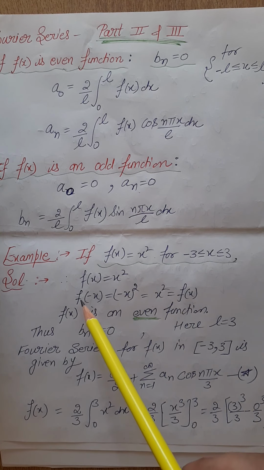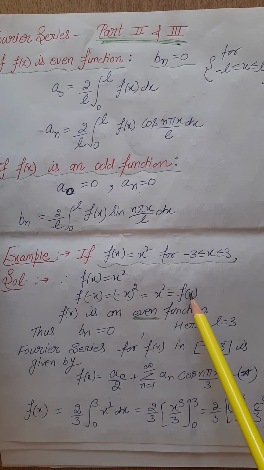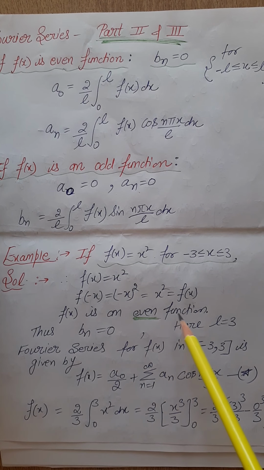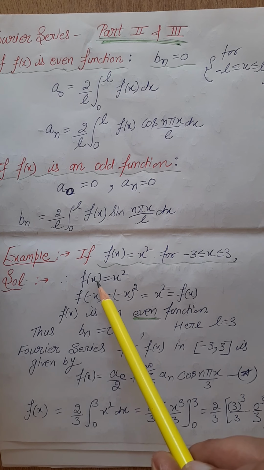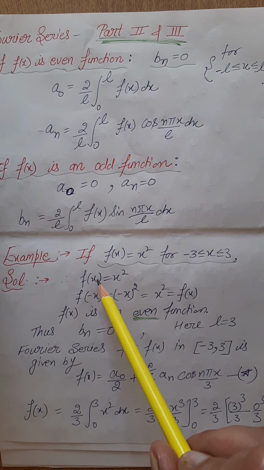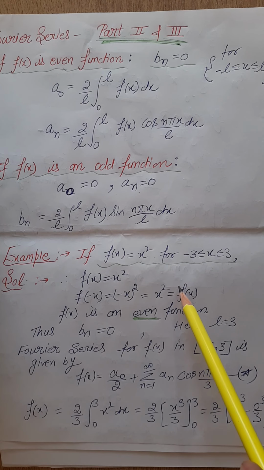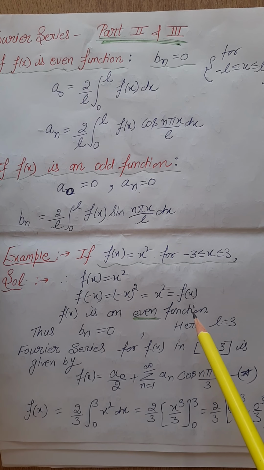Means if f of minus x is equal to f(x), then f(x) is an even function. Or if we put minus x in place of x and we get minus f(x), then f(x) is an odd function.